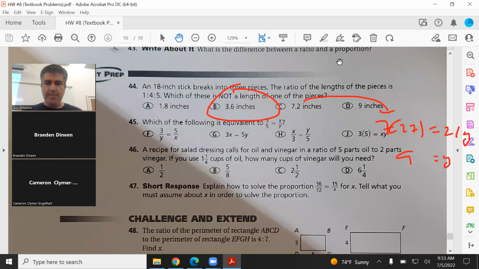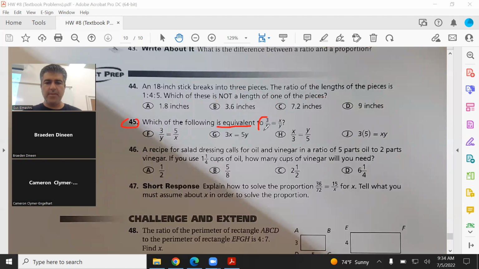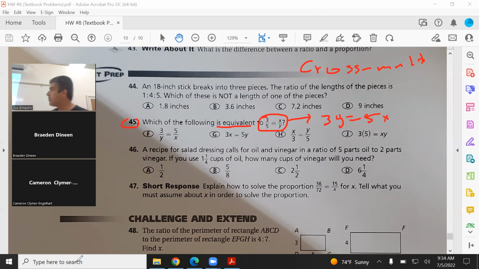Yeah, let's look at 45. That's a good one. Which of the following is equivalent to this? What I would do is cross multiply and check it out. Okay, 3y equals 5x. What you need to do is see the same exact thing in one of the choices.